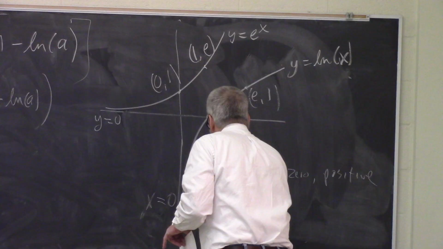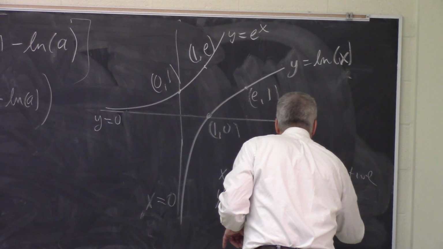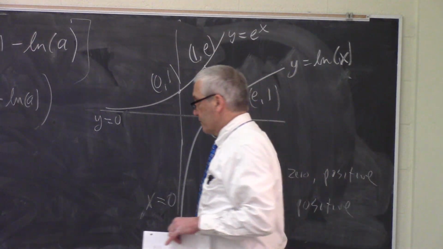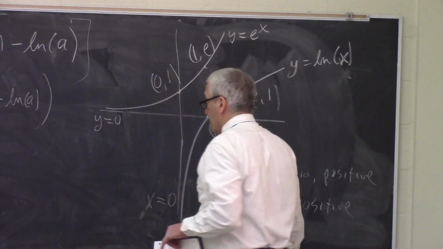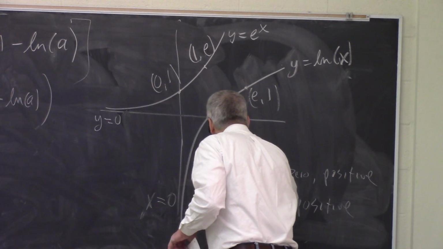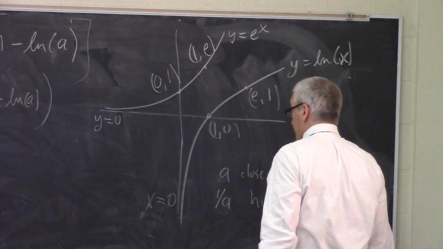So 1 over x is huge and positive. I'm sorry, a is a number that's close to 0 and positive. And so 1 over a is a huge positive number.